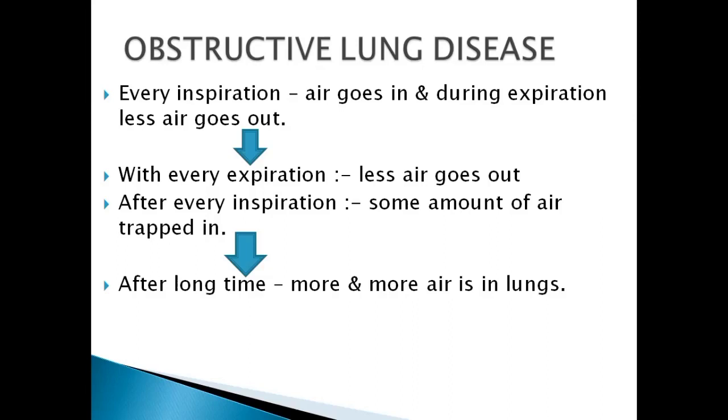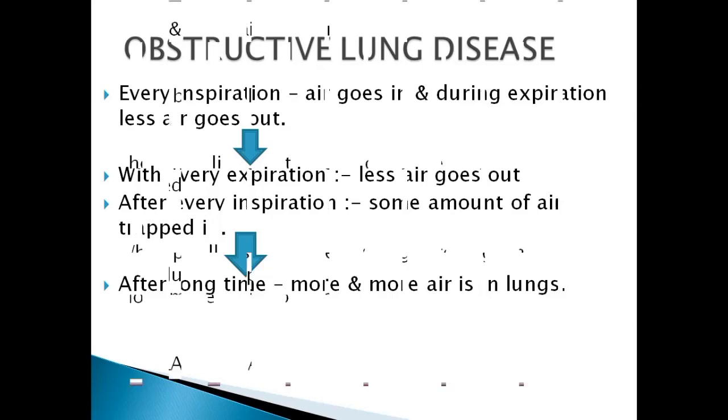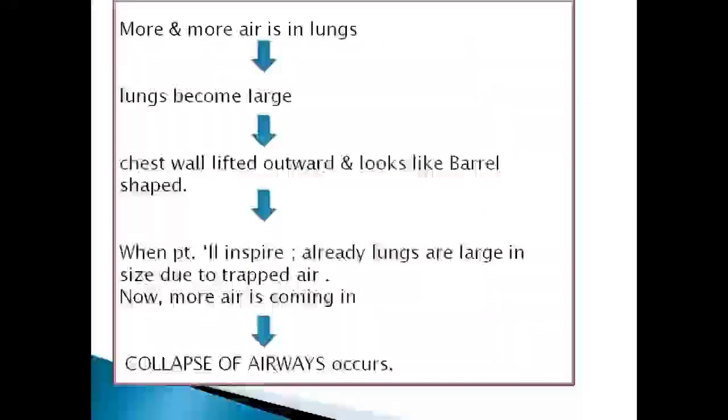So when this situation persists for a long period of time, lungs will be full with air. Okay. Then what will happen? More and more air is in the lungs now, so lungs will become large. When lungs become large, that's why we had told that the parenchyma is less dense. So what will happen?